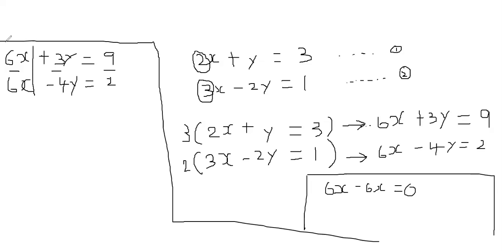This section is 6x minus 6x. So we get rid of the x, so we say 0. Then we have 3y minus, remember here we have 3y minus negative 4y.